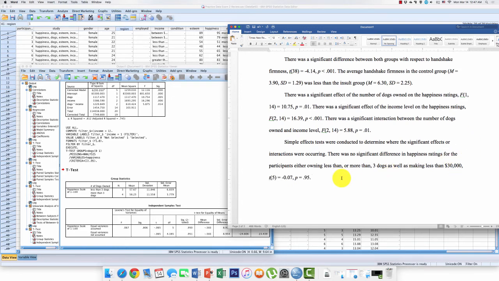Okay, now we're gonna say that the average happiness ratings for participants making less than $30,000 who own less than 3 dogs equals 57.67. Standard deviation equals 11.85.